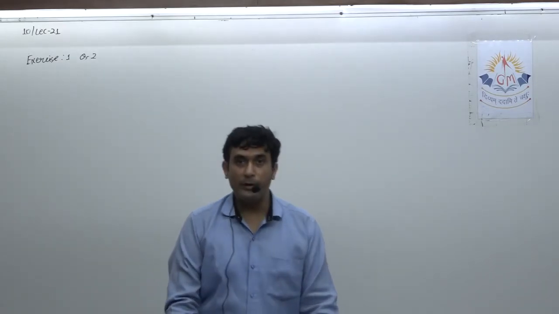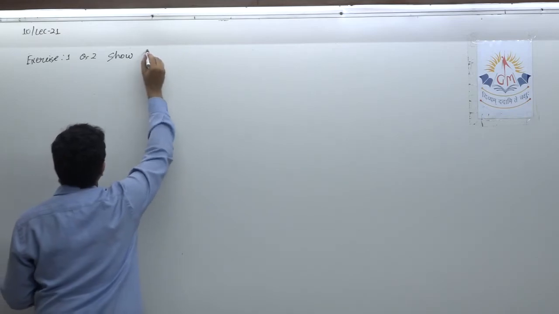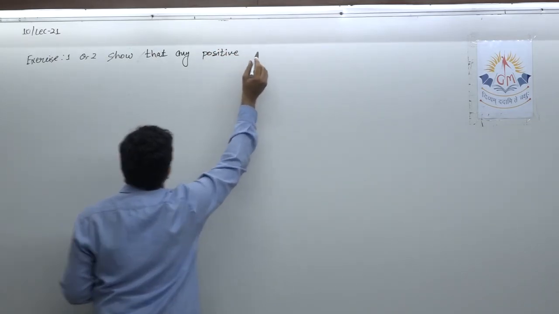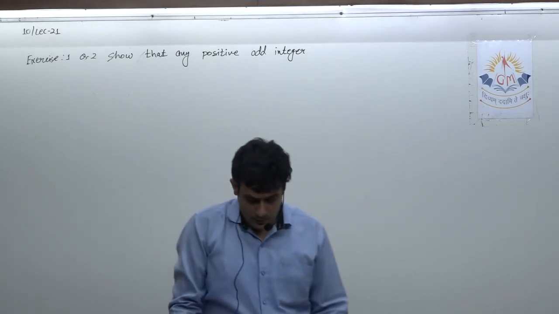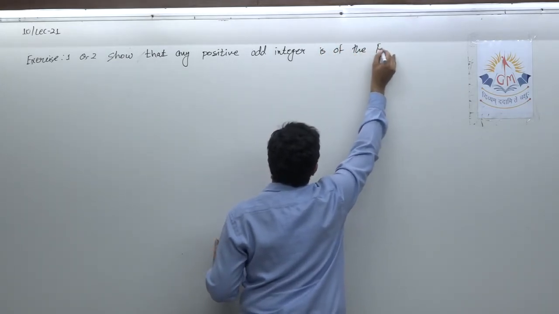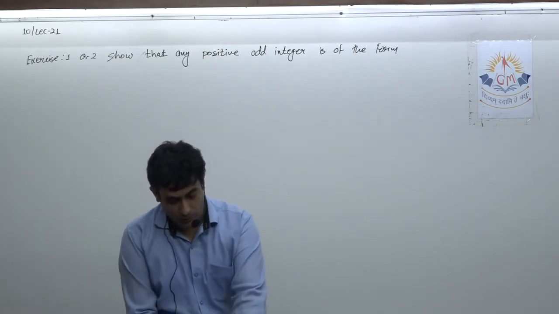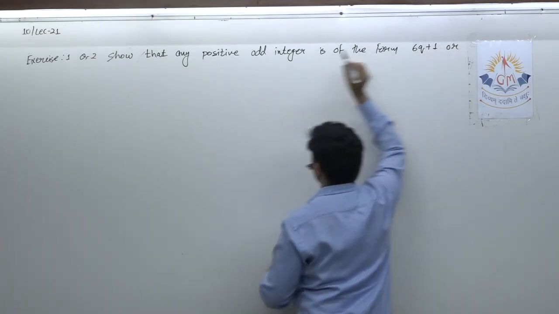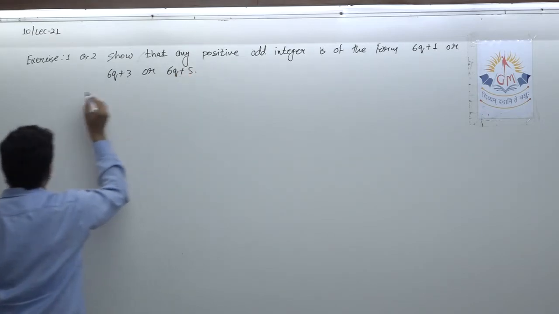Show that any positive odd integer is of the form 6q plus 1, 6q plus 3 or 6q plus 5.